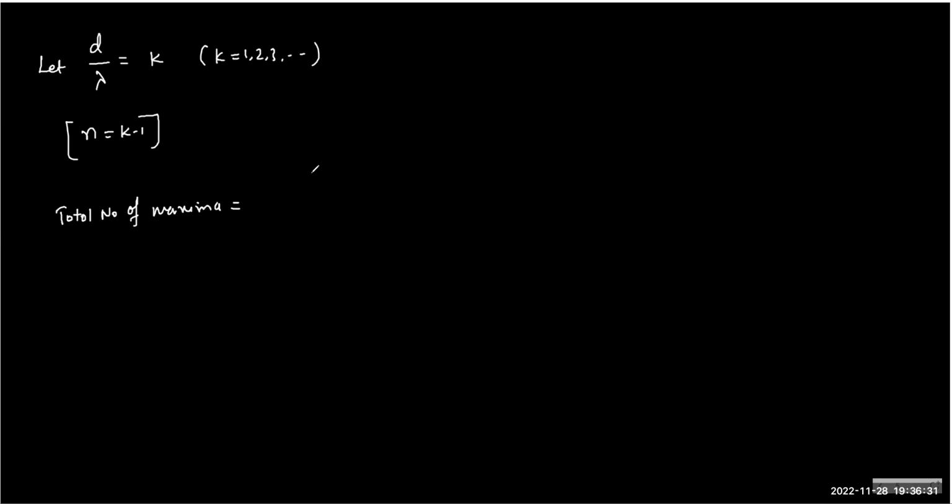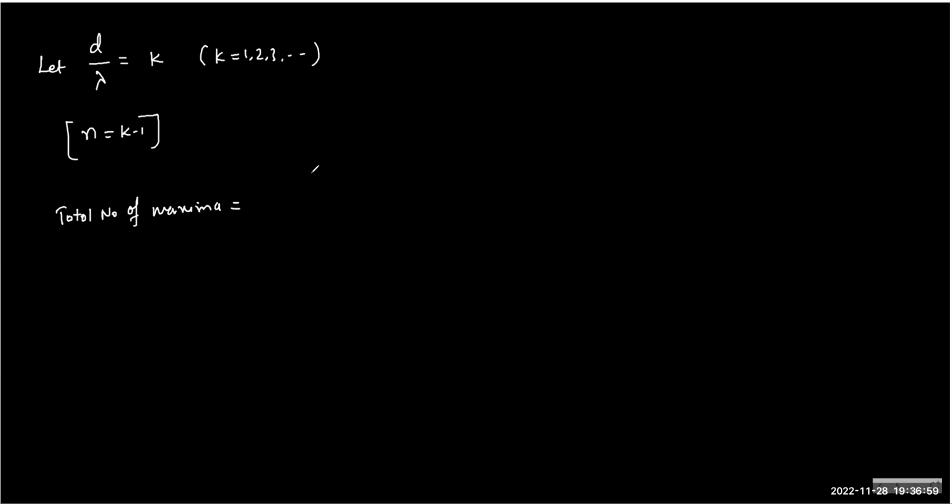So it will be k minus 1 above and k minus 1 below, and 1 will be the center, because the central brightness is always there, which we overlook in general.